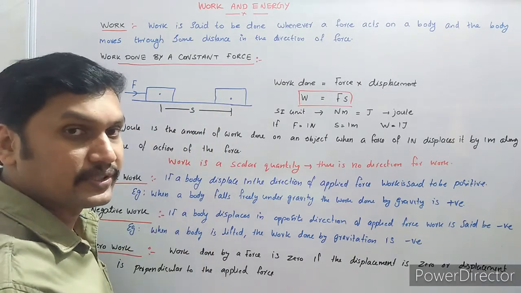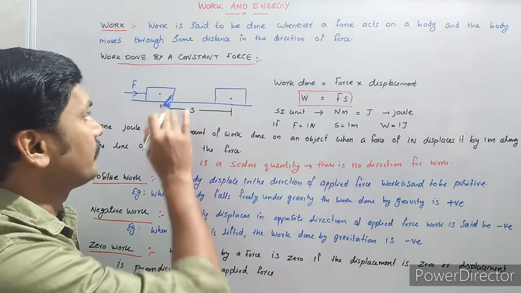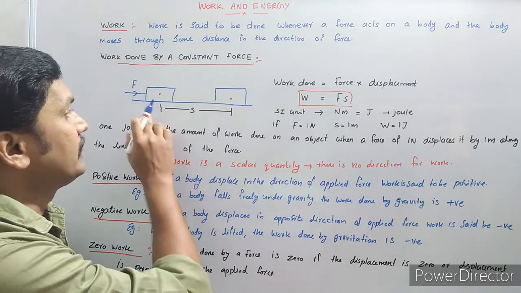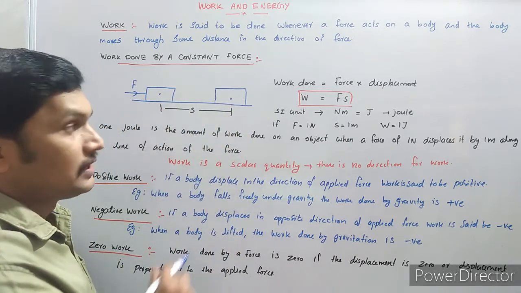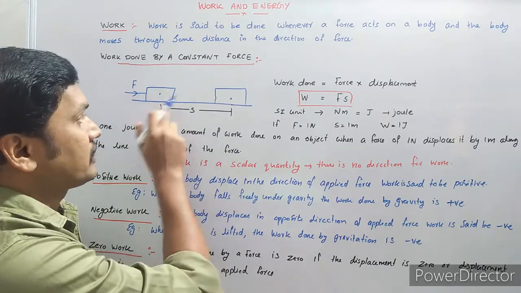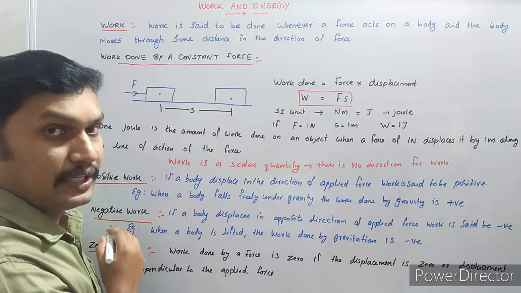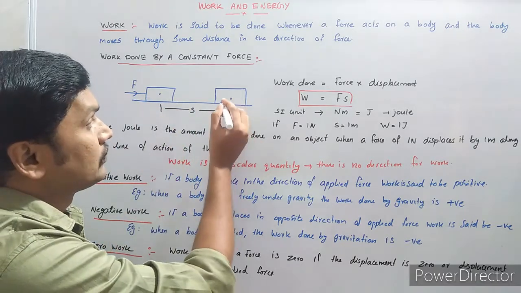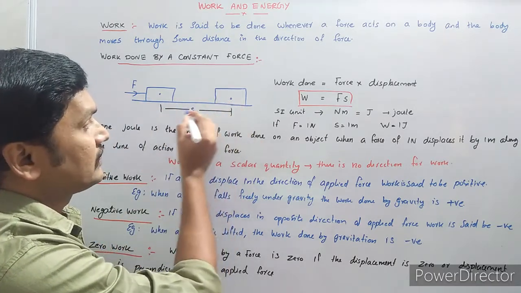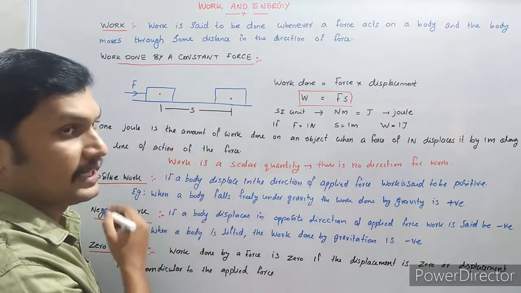It's a constant force. By the action of this force, suppose the body displaces. After the application of this force, the body moved through a distance s. Say the displacement of the body is s.